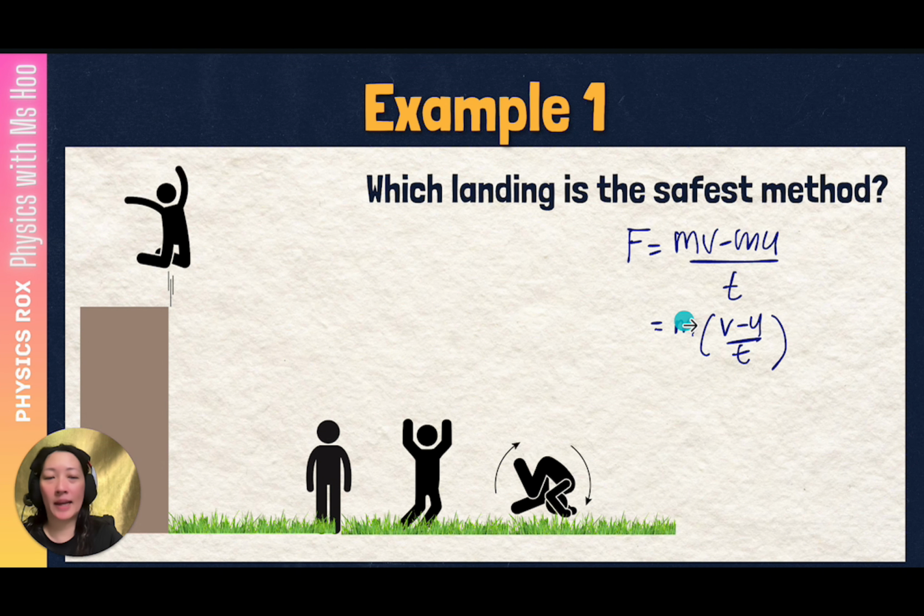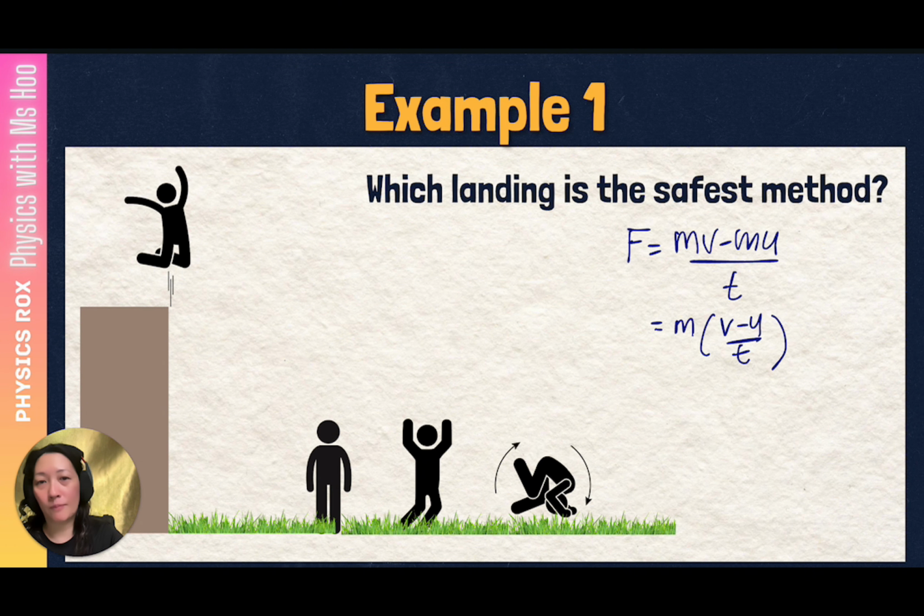The m in this case is the mass of the person that is going to land. Obviously, in all these cases, the mass of the person would be the same. So when we compare these different situations, mass is not a consideration. What about v and u? v and u would also be the same.